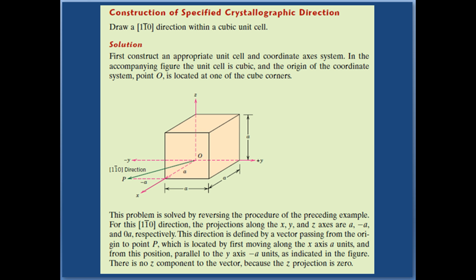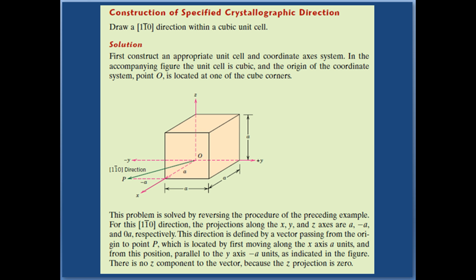Now for solving this problem, we are going to utilize the reverse procedure. What is the reverse procedure? It means the indices are given to you and based on those indices you are supposed to determine the crystallographic direction. The indices given in this problem are 1, 1 bar and 0.